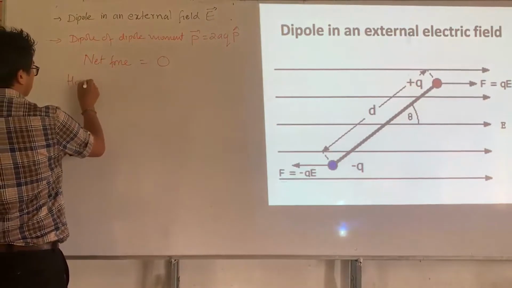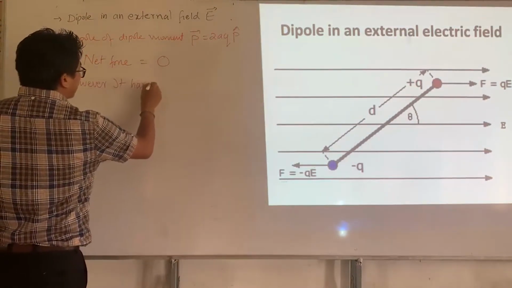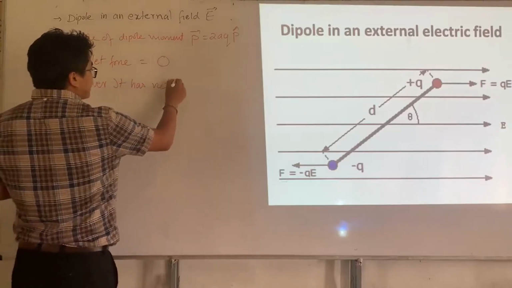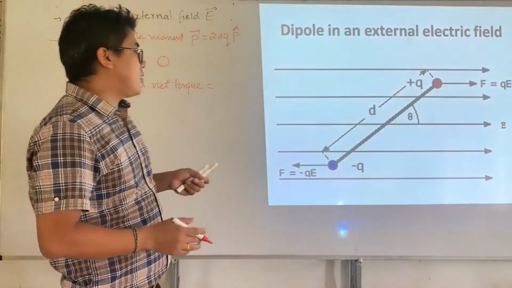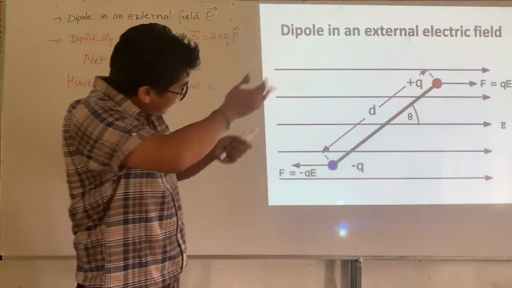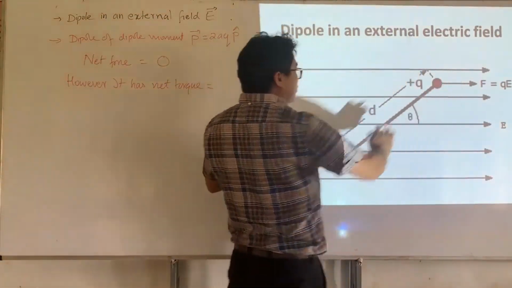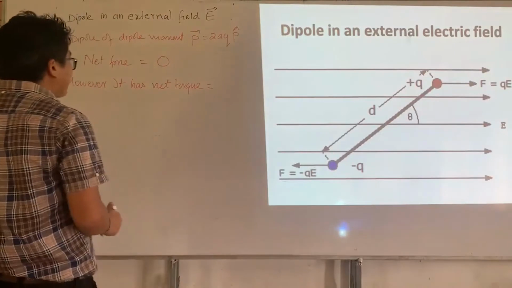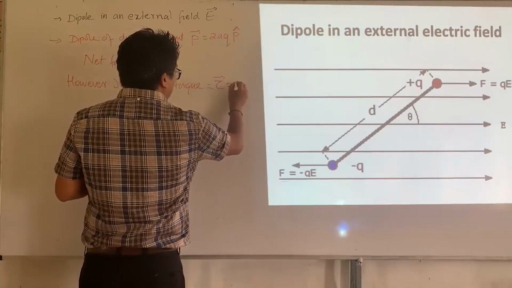However, it has net torque. This is what we have done in the first chapters. Why? Because the forces are not acting along the same axis. The forces are acting parallel to each other, so therefore it has net torque. And how much is the torque?